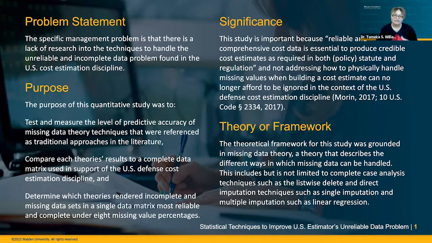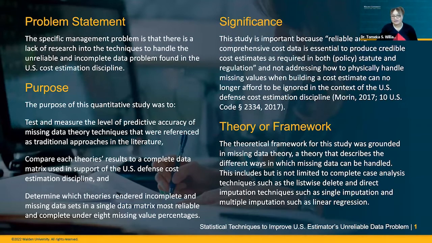And so the significance is we want to get better at it. We want to make sure that we're using techniques that other disciplines use that we're not using, but also we want to take advantage of the computing power that some of the systems have that we may not use.